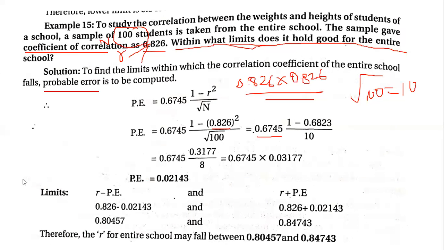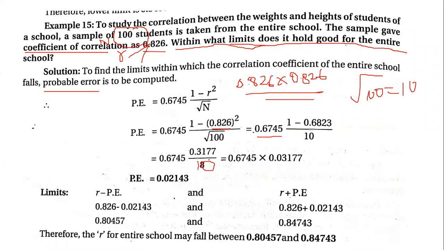0.6745 into 1 minus 0.6823 is nothing but 0.3177 divided by, sorry, this is actually 10. I don't know why they've taken it as 8. So this is 10 divided by 10. So what will happen if you divide this by 10? You will have 0.03.